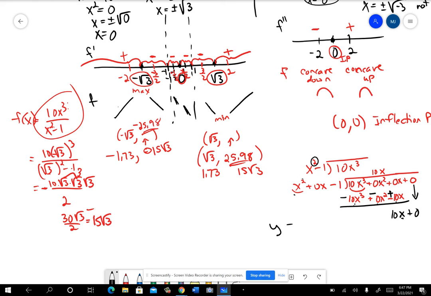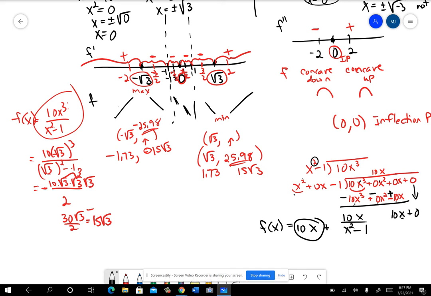So it's going to be y equals 10x plus 10x over x squared minus 1. Okay. All right. So when you do that, the end behavior is determined by this right here, because this is just a rewritten form of f.